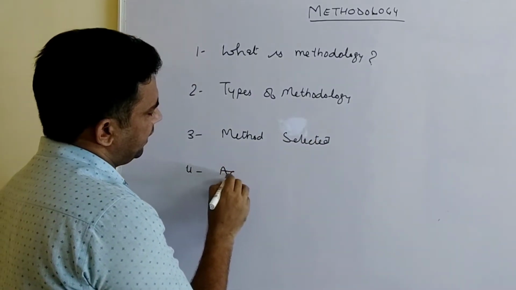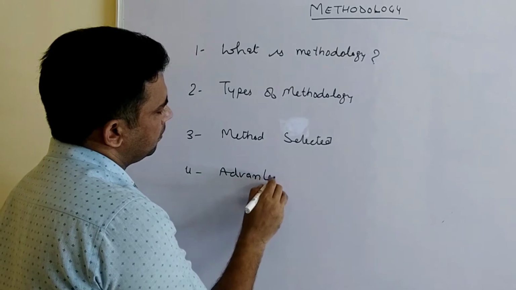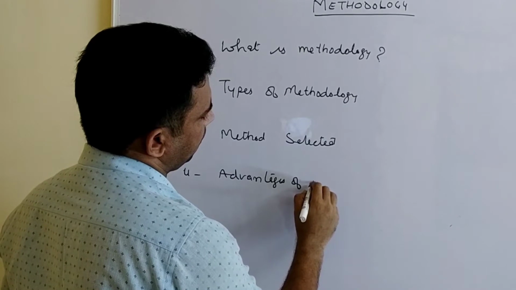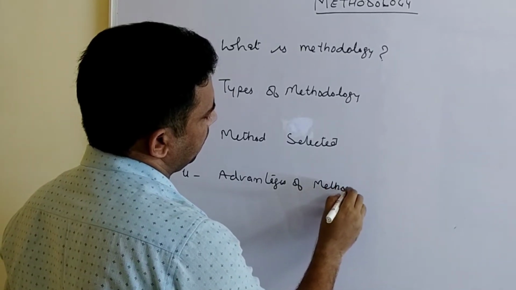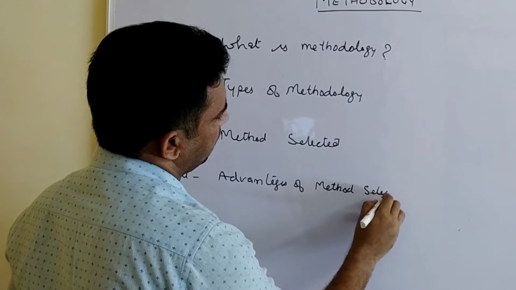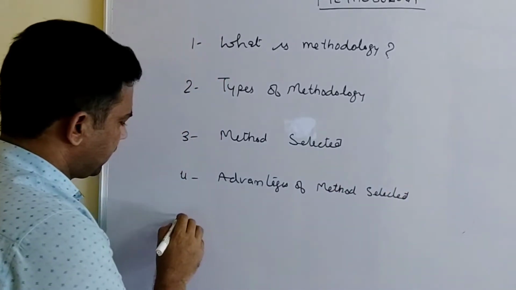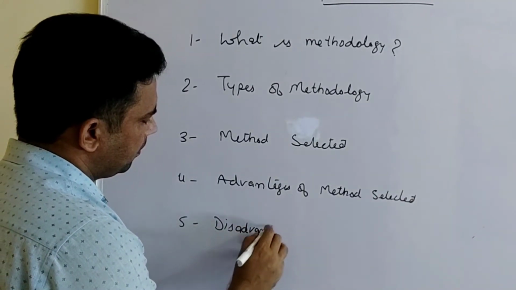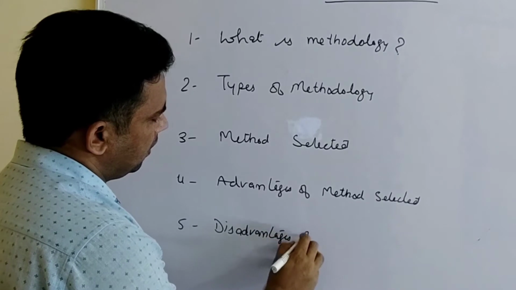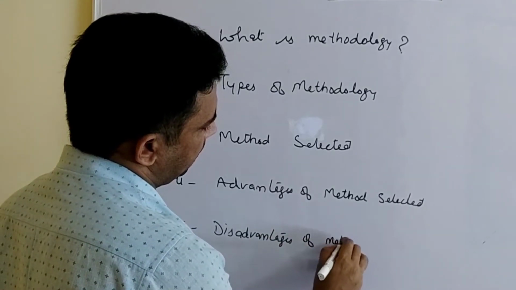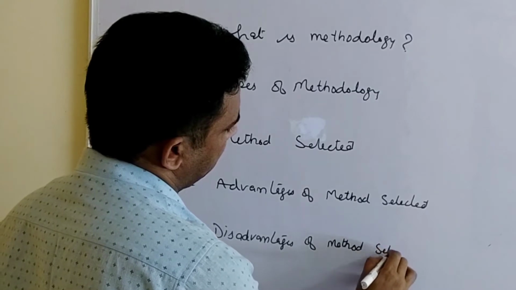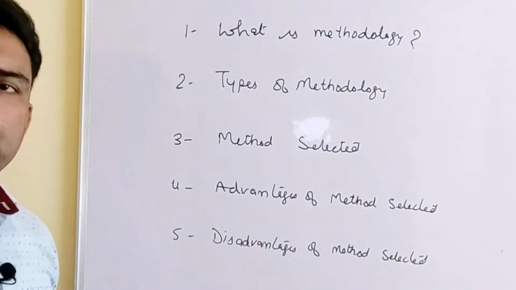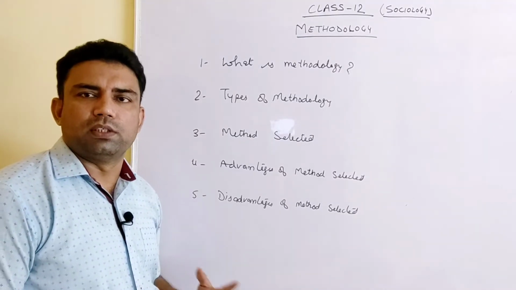The fourth one, we write advantages of method selected, and at last we write disadvantages of method selected. See, I have divided the topic into 5 subtopics. Now I am going to tell you how this is going to be written.